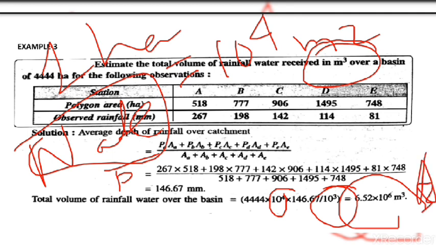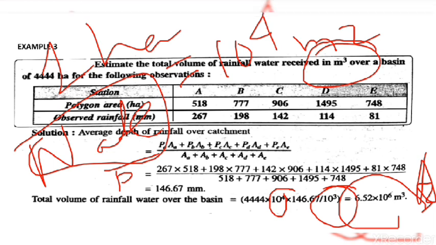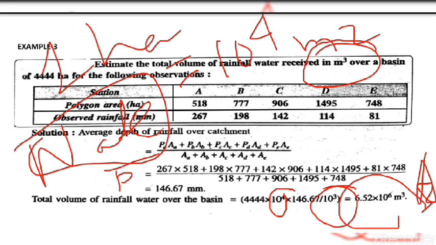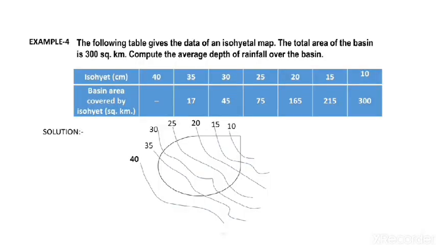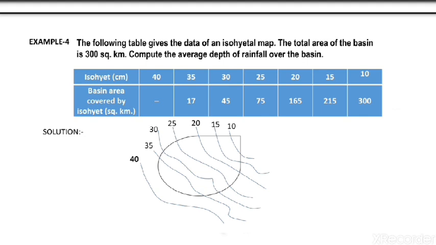Okay, so now my last example is based on the isohyetal method. This is the third method to find the mean rainfall. In my previous video I also gave an example of the isohyetal method, and here I am giving another example which is slightly different from the last one.